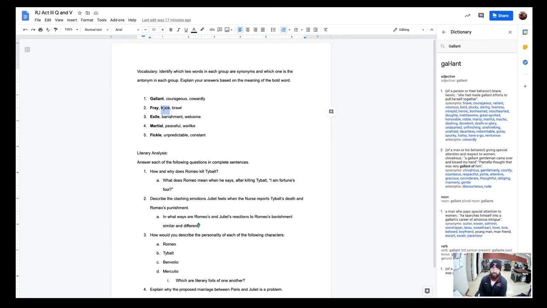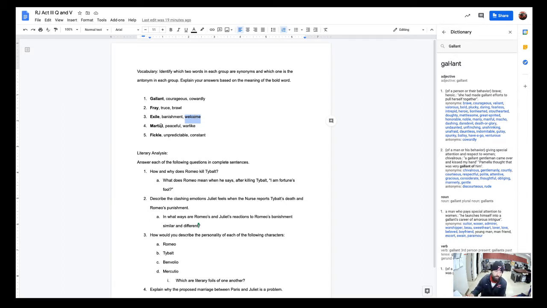Fray and brawl are kind of the same thing. And again, if I didn't know that, I could right click and look it up. Exile, banishment, and welcome: welcome is the thing that stands out. Exile and banishment are the same thing, if you're no longer welcome there. Welcome is the literal opposite of that.